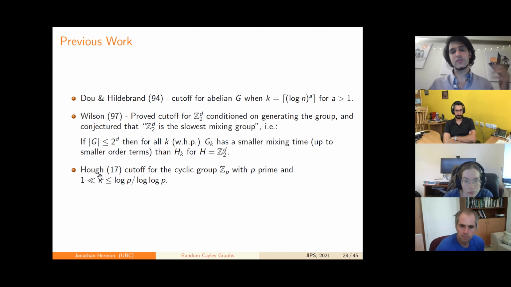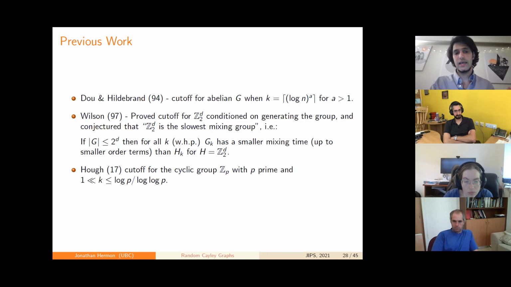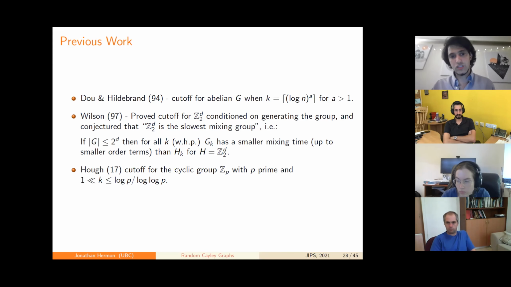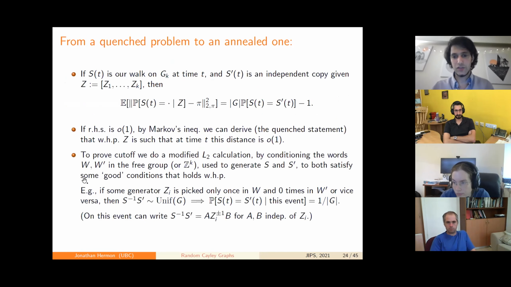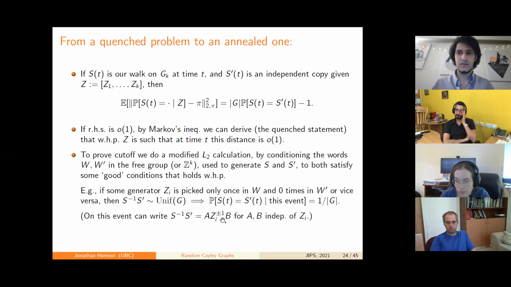And sort of a breakthrough, which was the first case in which cutoff was proved in the case that K is smaller than log of the size of the group, is due to Hough, and that's a recent result. And this is for the case of the cyclic group of prime order. But because of the philosophy I showed you before, you can prove cutoff quite easily when there's a generator that is only going to be picked once.